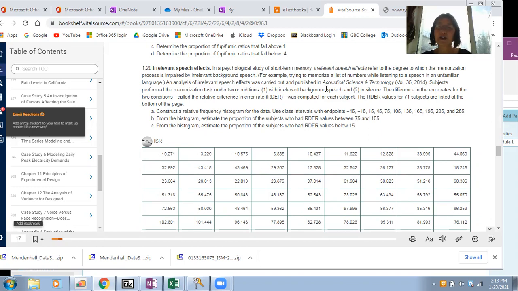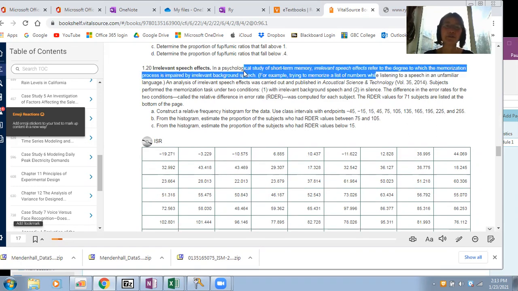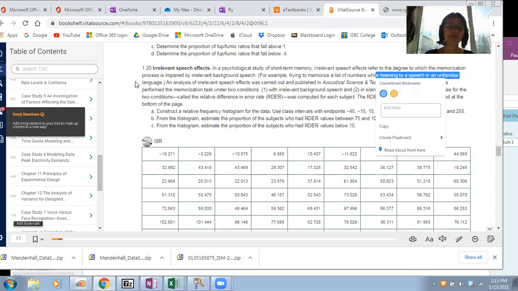Irrelevant speech effects refer to the degree to which the memorization process is impaired by irrelevant background speech. For example, trying to memorize a list of numbers while listening to a speech in an unfamiliar language.